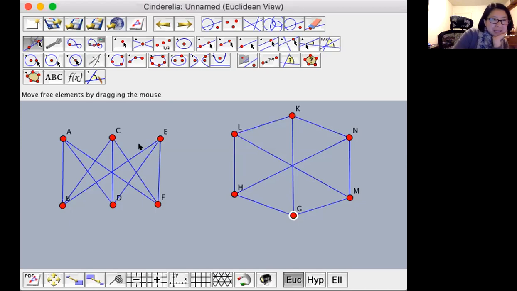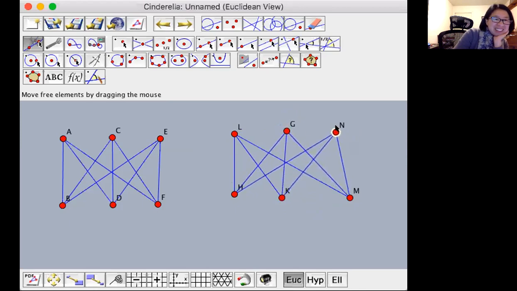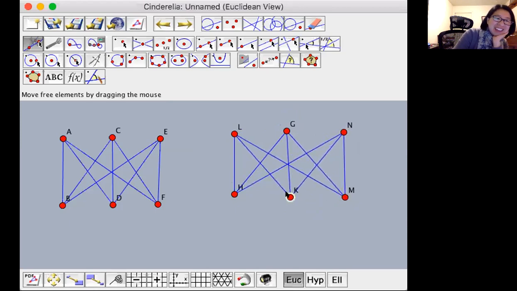Well, let's see. Let's keep the L and the H here. I'm going to take this K and move it down here. And I'm going to take G, whoa, and move it up there. And now already you can see, after I pull those vertices, that it was really two ways of drawing the same graph.